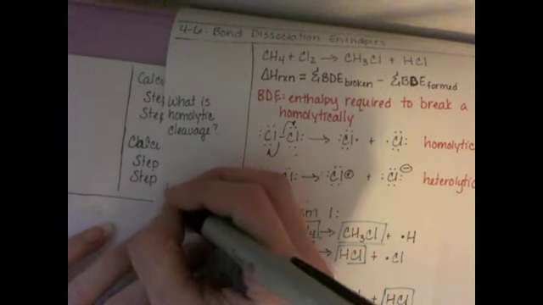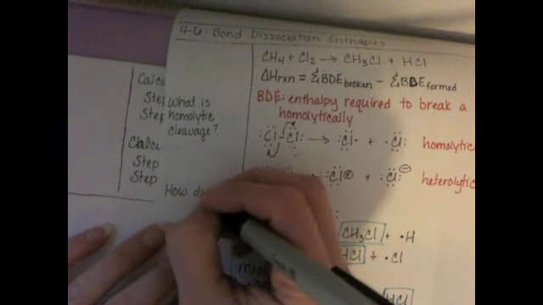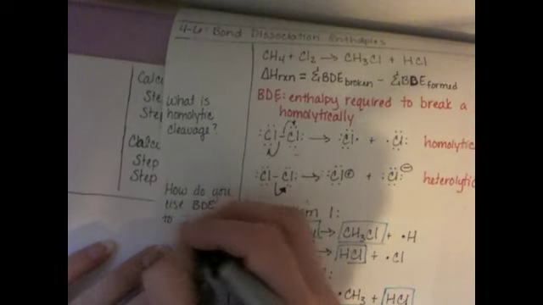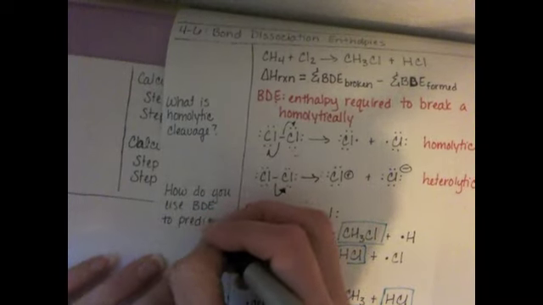If I ask you to write me a reaction that shows the homolytic cleavage of the Cl2 molecule, you should be able to draw this out for me. And also, how do you use bond dissociation enthalpies to predict a mechanism?